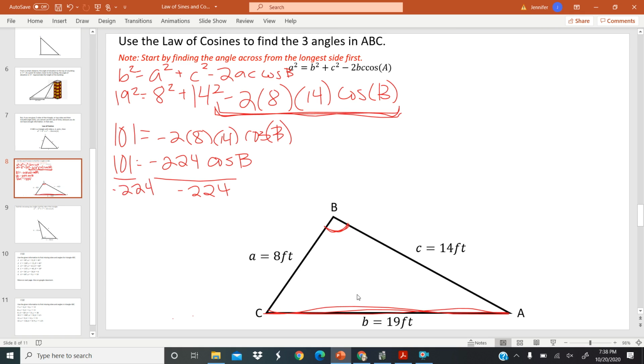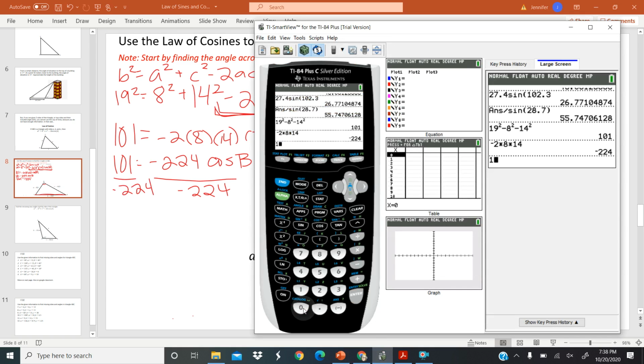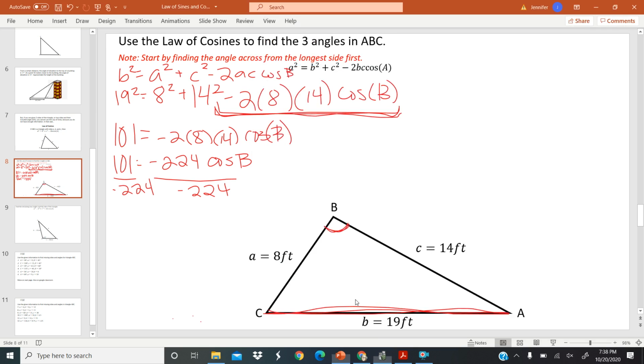And I would have 101 divided by negative 224. And let's see what that is. It'll give us negative 0.45089. I'm going to put negative 0.45... to indicate that I still want to go back and use that whole number. And then that's going to equal the cosine of angle B.